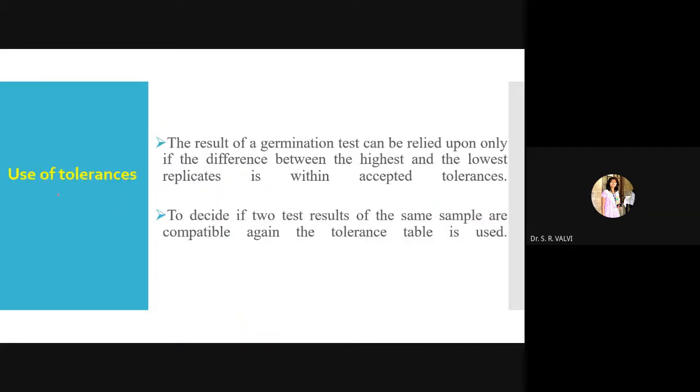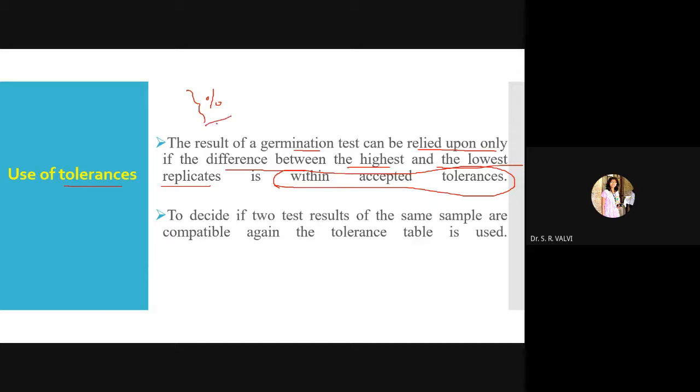Now, use of tolerances. How do you use these tolerances? The result of a germination test can be relied upon only if the difference between the highest and the lowest replica is within accepted tolerance. Means there is some percentage within which we can accept a result, right?